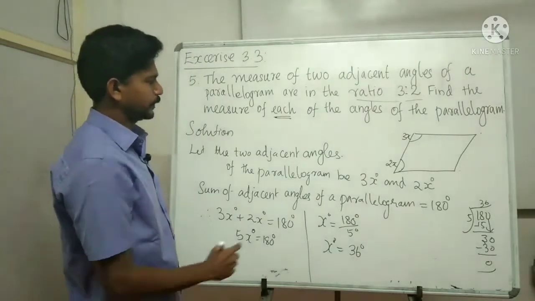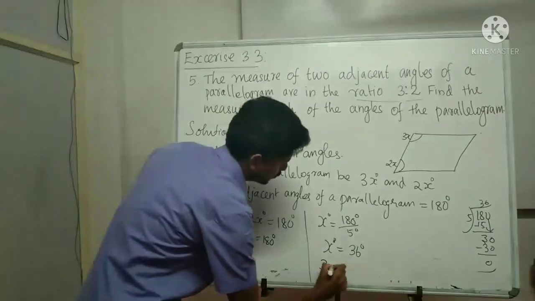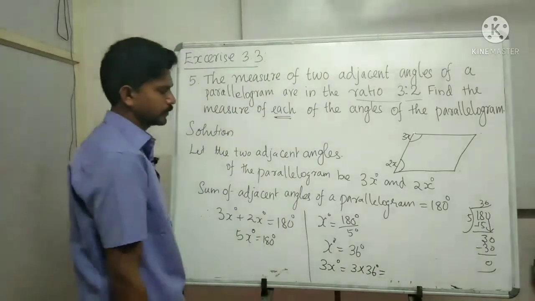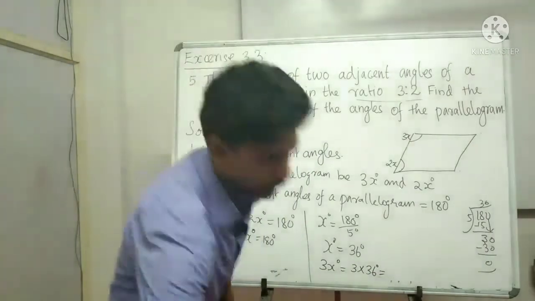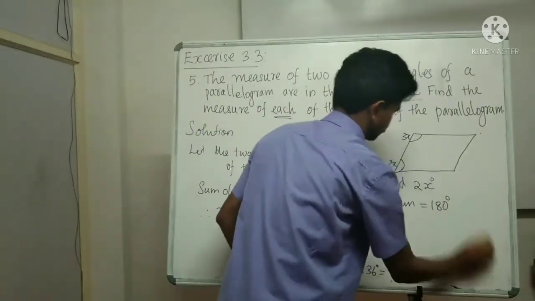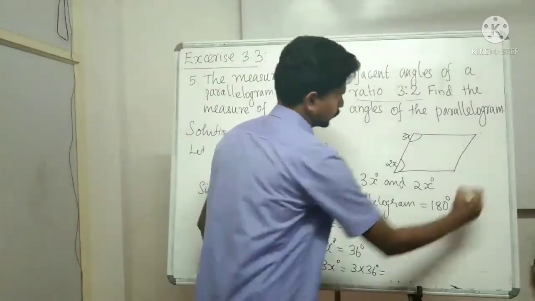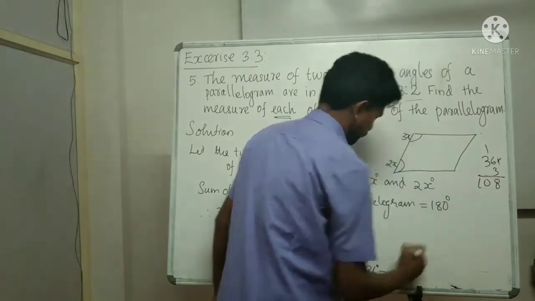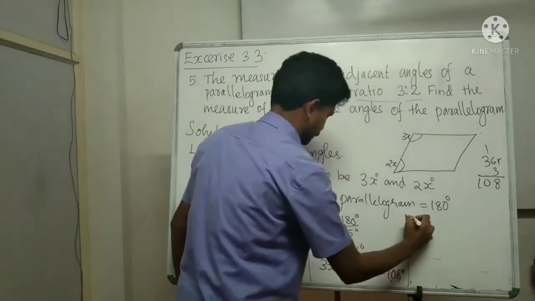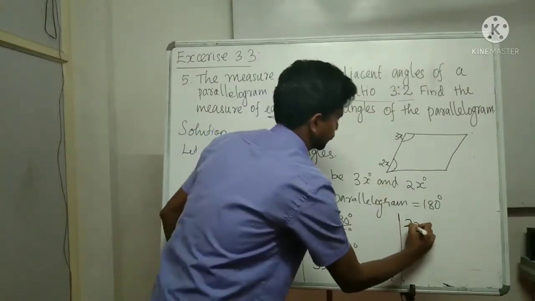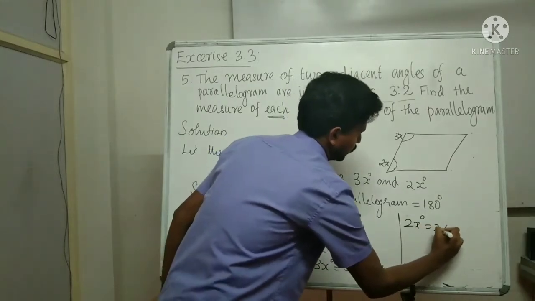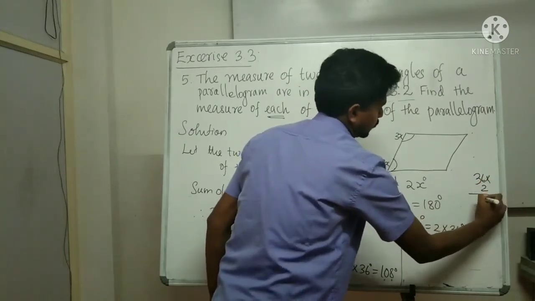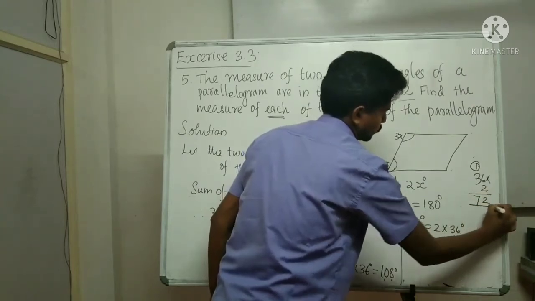Let us find 3x and 2x. 3 times x degree is equal to 3 into 36. 36 into 3: 6 threes are 18, remainder 1, 3 threes are 9 plus 1, that is 108 degrees. Next, 2x degree is equal to 2 into 36: 2 sixes are 12, remainder 1, 2 threes are 6 plus 1, 72.